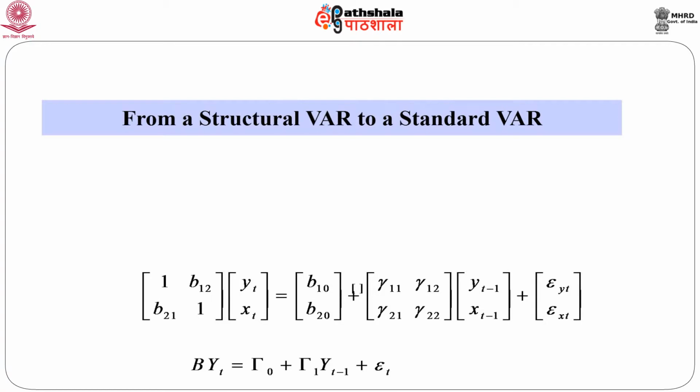In a two variable case, the matrix representation of the system takes the form like this. Here you have two-way dependence between yt and xt, and in matrix notation you can write yt equal to gamma naught plus gamma 1 yt minus 1 plus epsilon t. This is basically the reduced form of the model, the VAR in standard form. This kind of model is derived from the structural form of the model by this transformation.